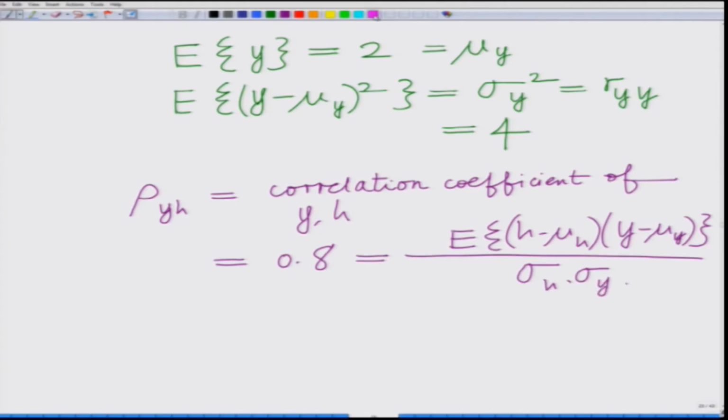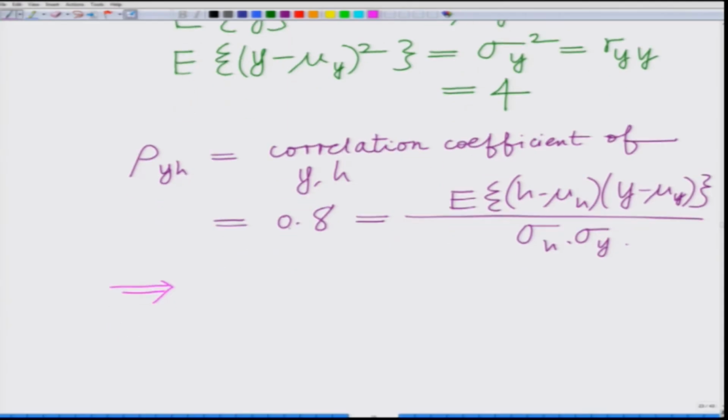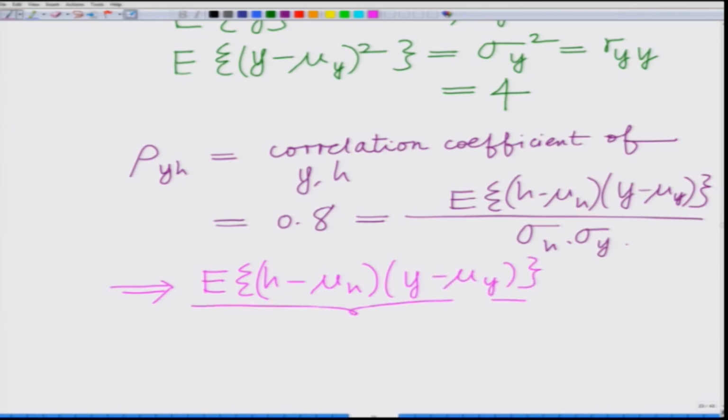From this correlation coefficient, I can derive the covariance. This covariance is nothing but the expected value of h minus mu h into y minus mu y, which is your r of h comma y.